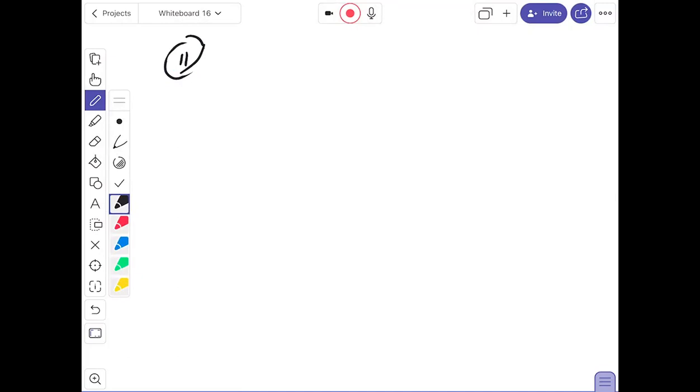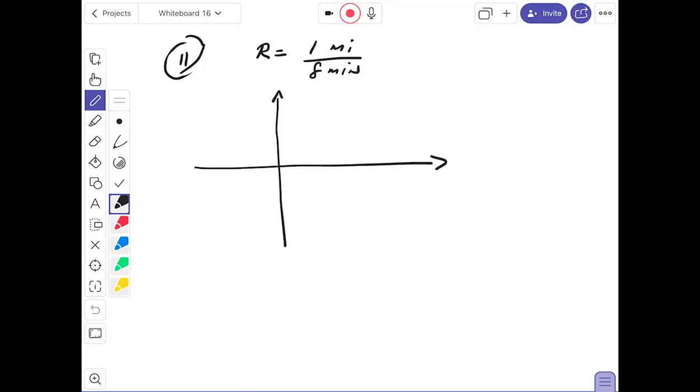All right. A jogger runs at a constant rate of 1 mile every 8 minutes. So write this down. The rate of the jogger is 1 mile every 8 minutes. Okay, they're using directions: north, south, east, west.